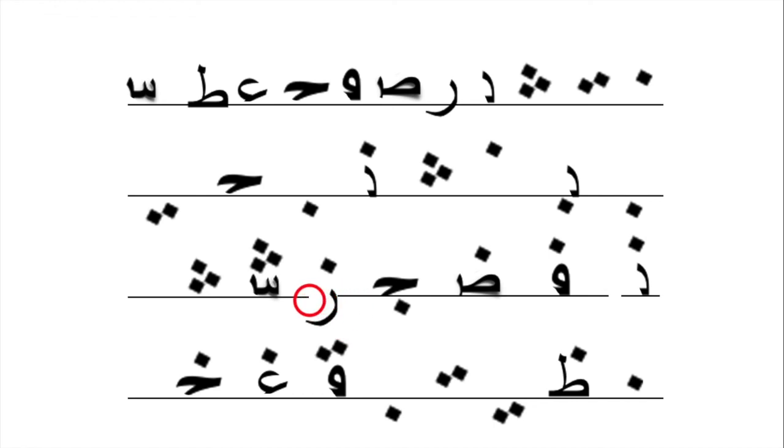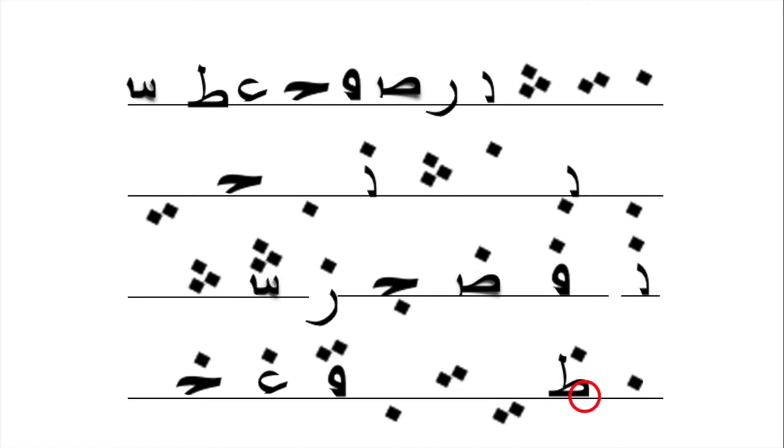Because it's not going to be joined at this end with the next letter, it will be on its own, Za. Here we have three dots with a W, Sheen. Three dots with no W, Tha. Again, no other symbol, just the dot, but it's above the line, so this would be Noon.